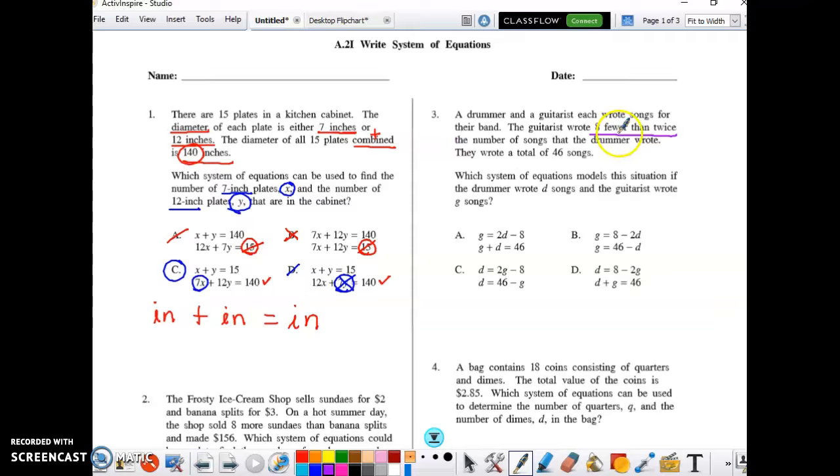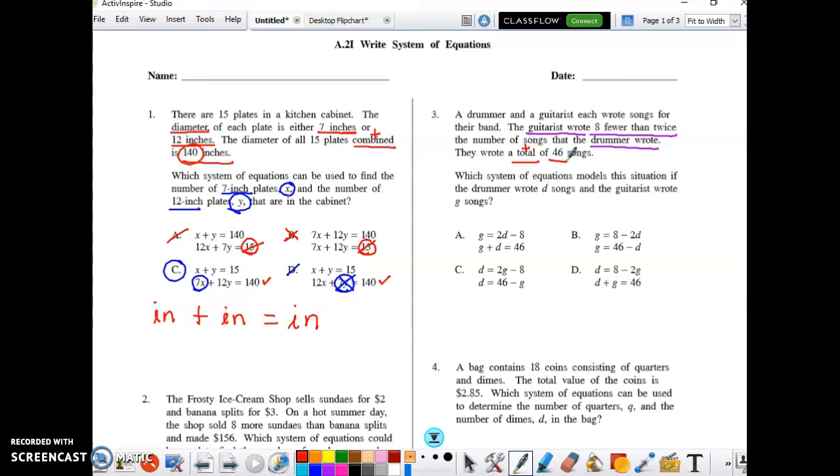It says 8 fewer, so I know I'm going to be subtracting than twice the number of songs that the drummer wrote. So the guitarist wrote that many fewer than twice the number the drummer wrote, okay? And they wrote a total of 46 songs. So total means we're going to be adding to 46, okay?